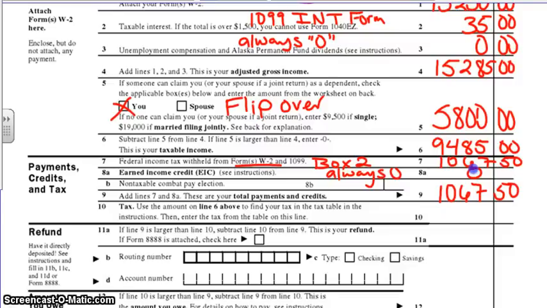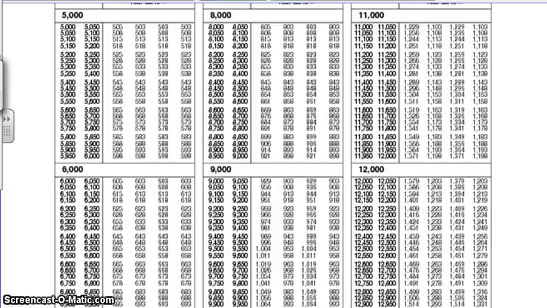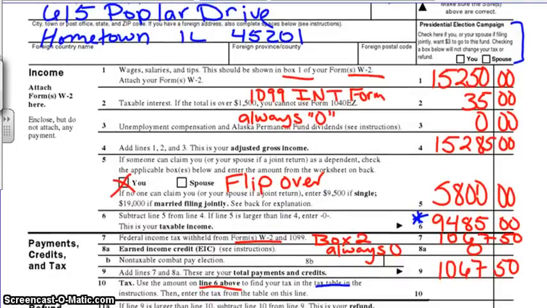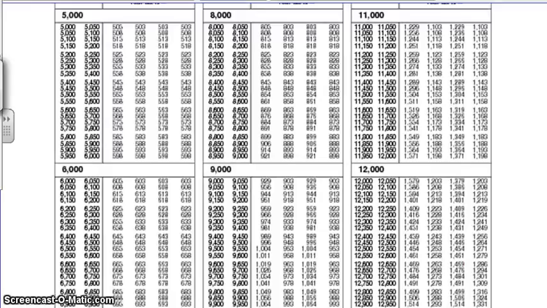Okay, moving on. Now, this is where it might get confusing. Let's take a look at line 10. It says you are going to use the amount on line 6. And this is where your yellow sheet is going to come in handy. This is your tax table. So tax table, yellow sheet, take a look at it. You're going to use the number from line 6, which is $9,485, and you're going to find the 9,000 table.